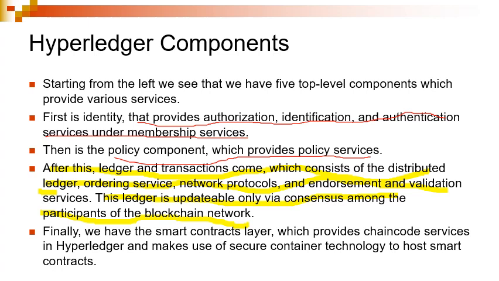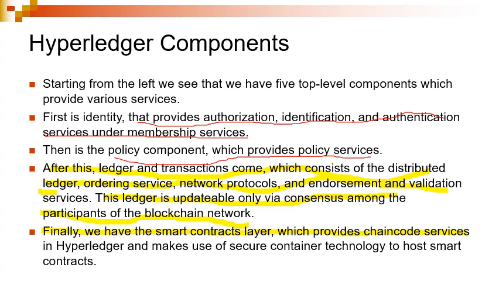And finally, we have the smart contracts layer, which provides chain code services. In blockchain, there is a concept of chain code services. Chain code services are responsible for executing the smart contracts to enforce the business conditions.